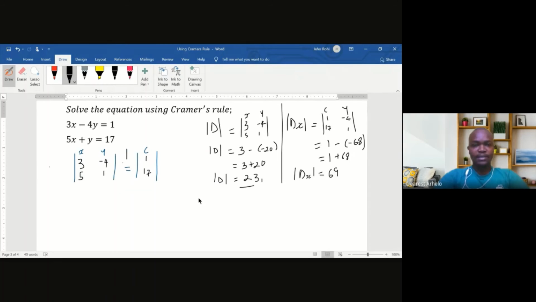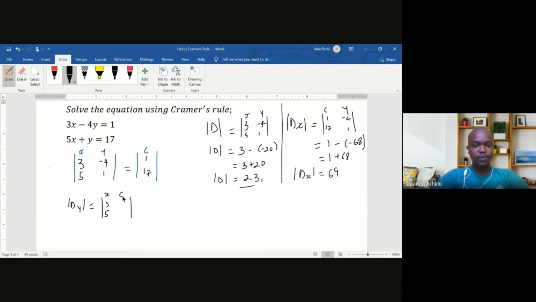All right, so what next? We have to find the dy. To get my dy, I open my matrix and ignore the y column. So I use x and I replace the y with the constant. For my x, we have 3 and 5.